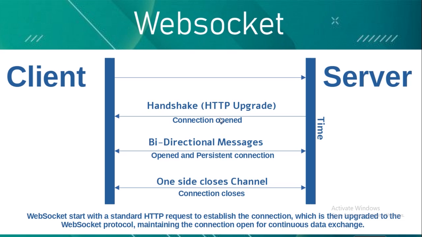Then the connection is open, maintaining the connection for continuous data exchange. You can see bidirectional messages, open and persistent. It remains open and the client and server will have communication in real time. The connection remains open unless either side, whether the client or the server, closes the connection.